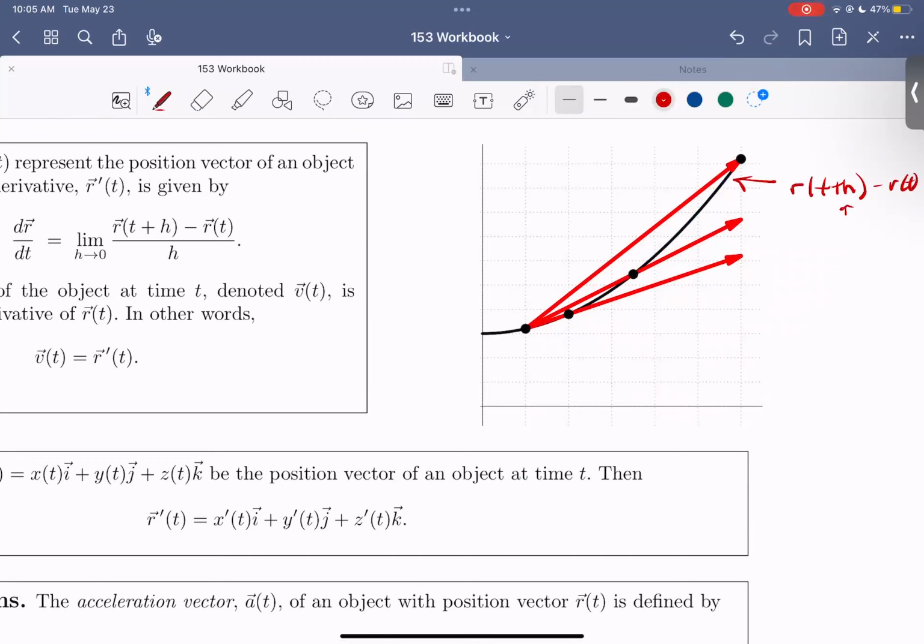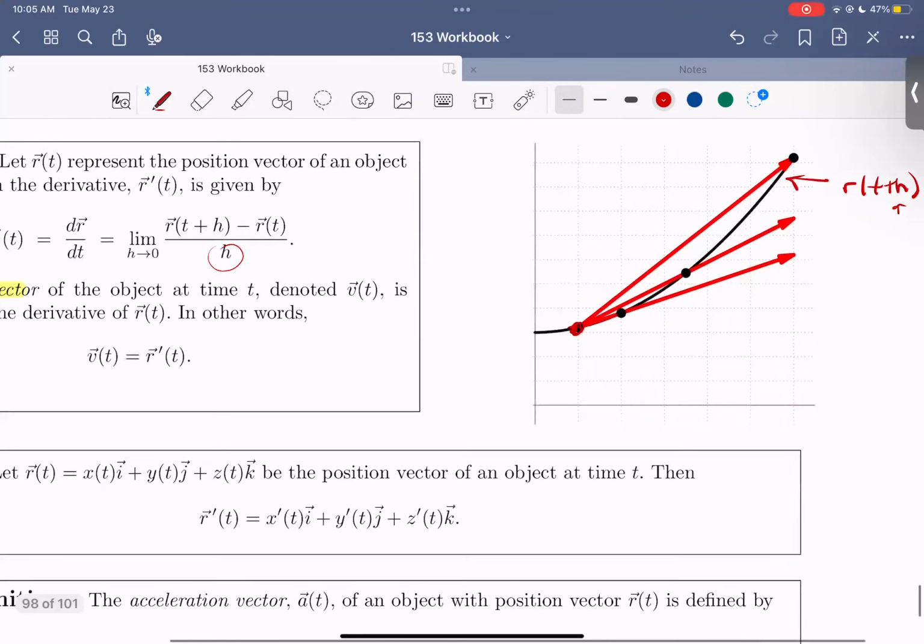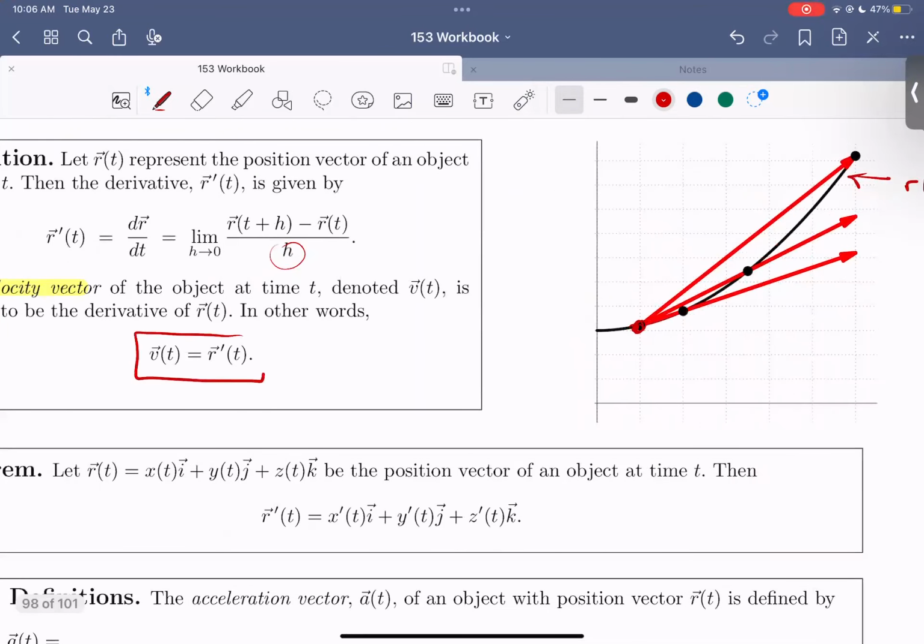So as h gets smaller and smaller, notice what happens to our vectors: they get closer to starting at this r of t, and then almost just projecting off the curve like a tangent line. And so then with some scaling involved to determine that speed, we get the velocity vector itself.